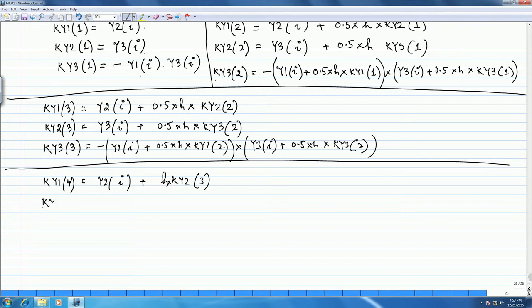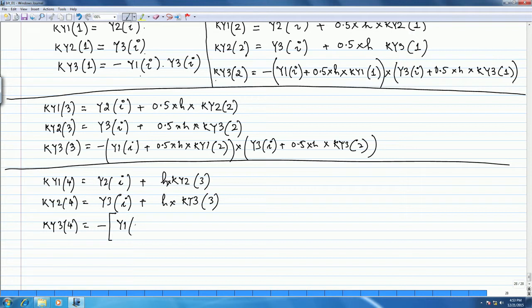Then ky2 at this point is y3 I plus h into ky3 at the previous point, and ky3 4 is minus, okay.